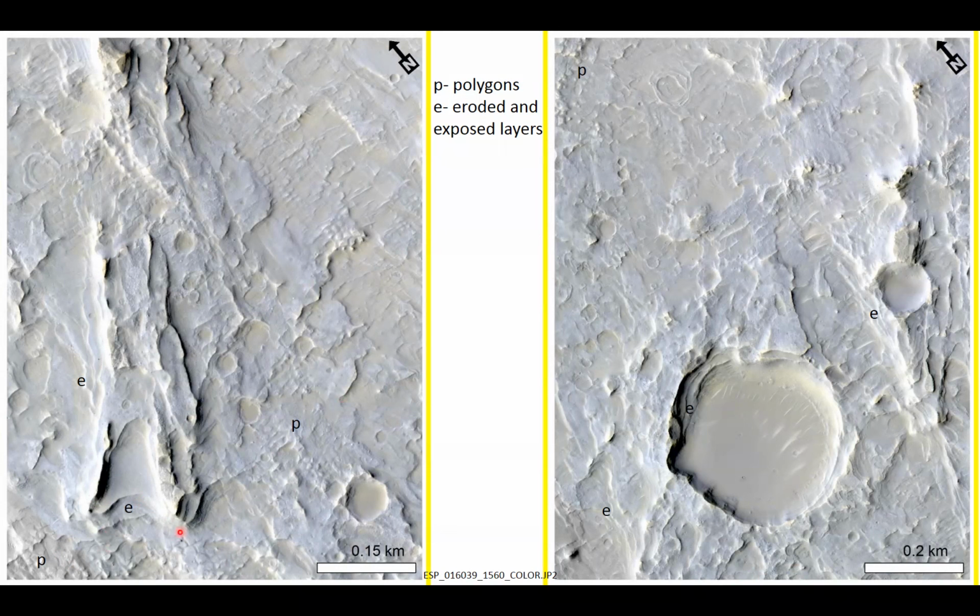After differential weathering we are getting the discontinuous ridges and the possible polygons, due to the hydrated mineral and the layers which got exposed by these impacts.